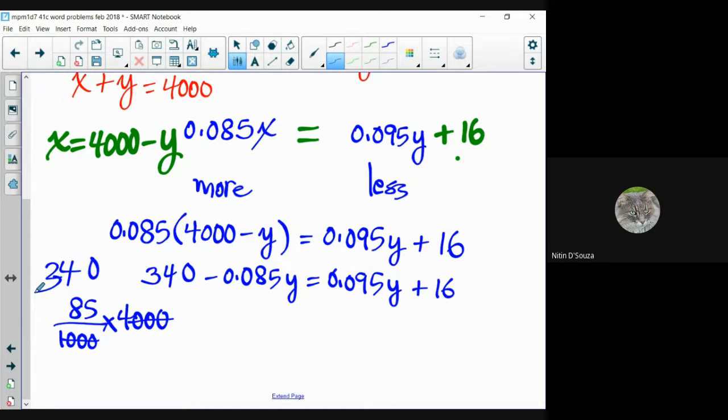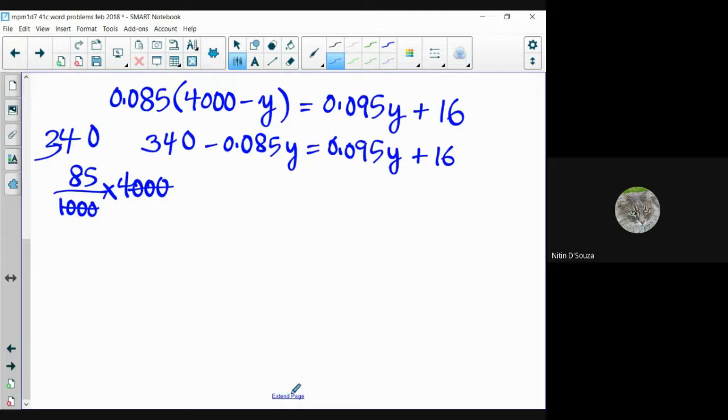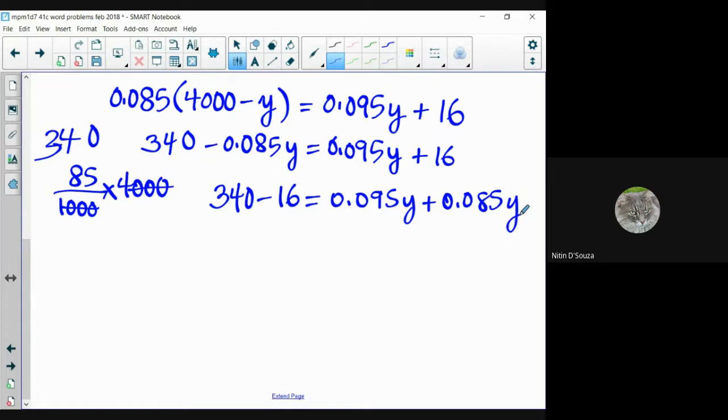So this is my equation here. I'm going to take 340, I'm going to minus 16, 0.095y plus 0.085y. 340 minus 16 is 324.